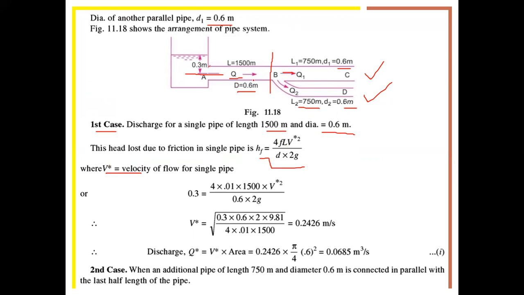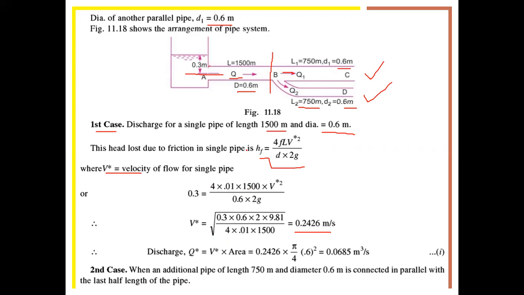So velocity of flow, so ఒకే పైప్ కాకుండా ఫస్ట్ పైప్ తీసుకున్నాం, సింగిల్ పైప్. Therefore apply the value: 0.3 is equals to 4 into 0.01 into 1500 into V square by 0.6 into 2g. Therefore V star, when we simplify cheste, is equals to 0.2426.